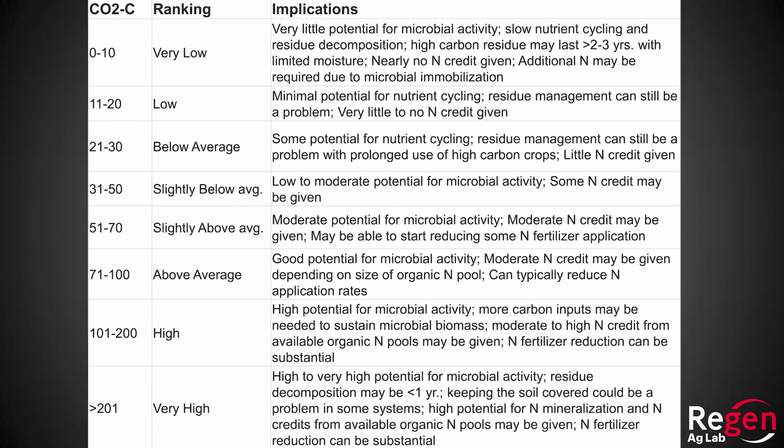So when we talk about the implications, if we have a really small fire, there's a very little potential for microbial activity, slow nutrient cycling, residue decomposition can be 2 or 3 years or greater. We do see this all the time, especially in continuous corn operations. Really high, and I know I use corn because that's what I'm familiar with, but really high yielding corn, continuous, you got lots of carbon, but that residue just sits there.